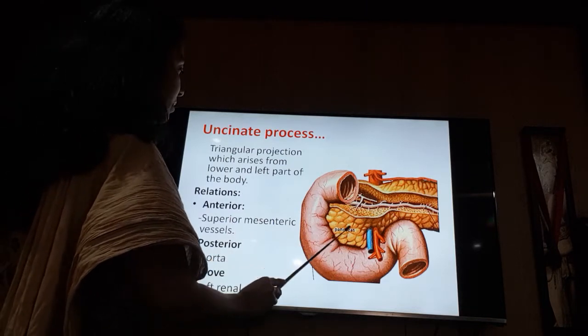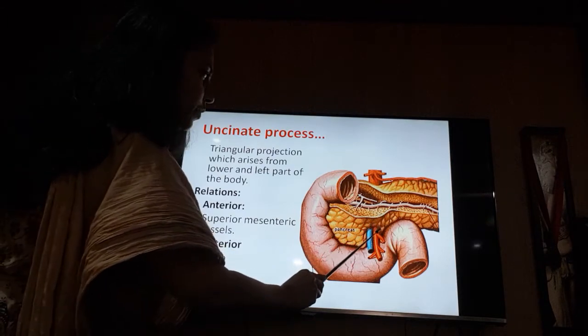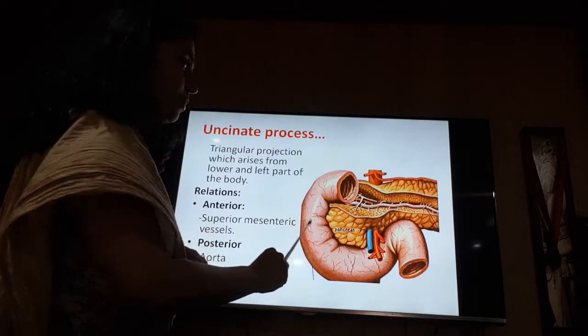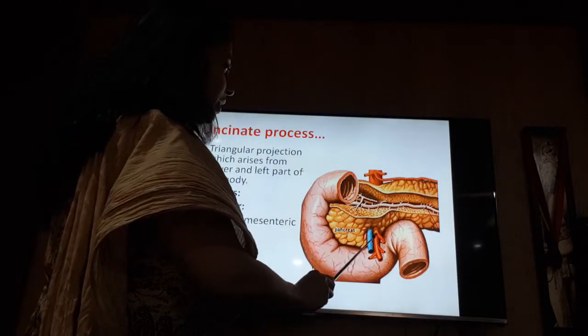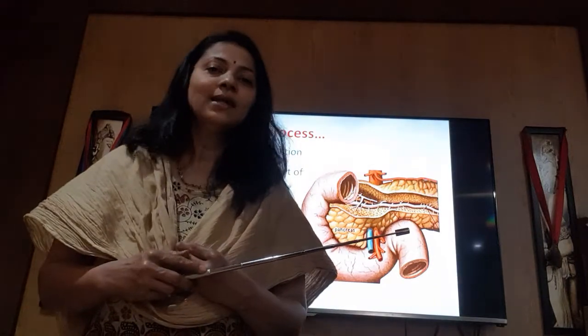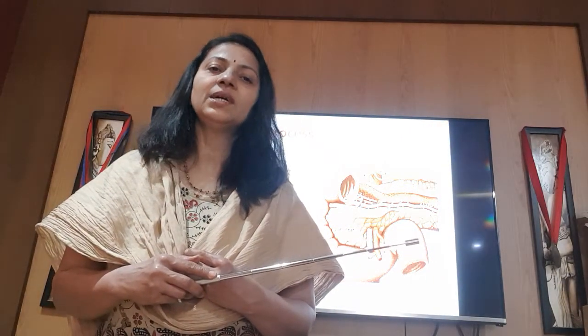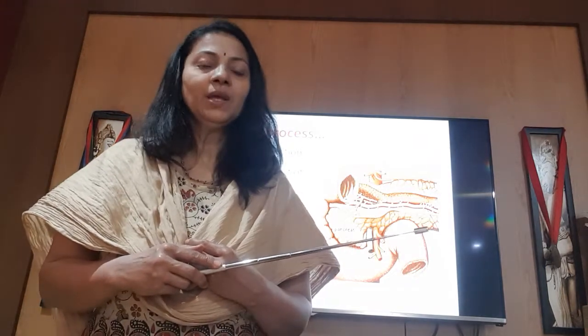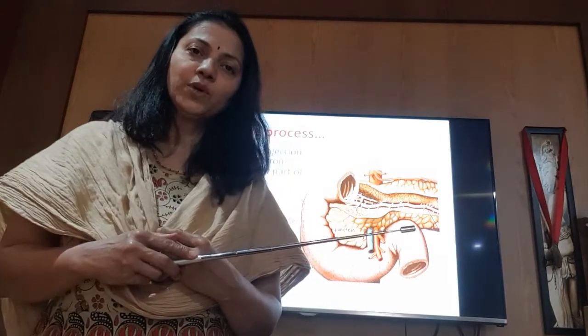Here we see its relations. Now this is the uncinate process. If you remember the previous one where we had not shown any artery, here you can see one artery and one vein also. These are nothing but the superior mesenteric artery and superior mesenteric vein. The GIT is divided into three parts: foregut, midgut, hindgut.